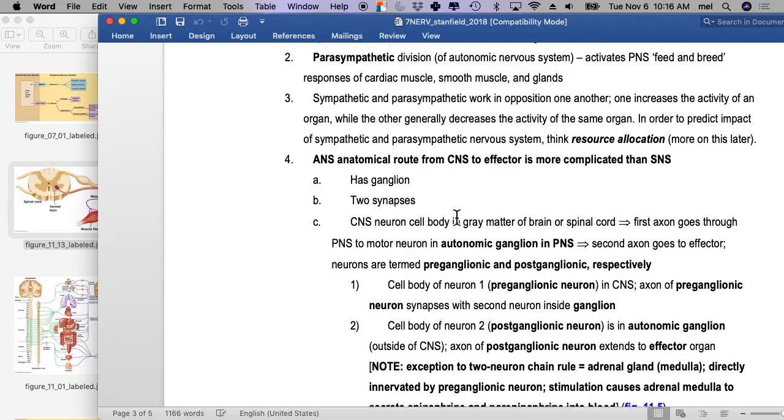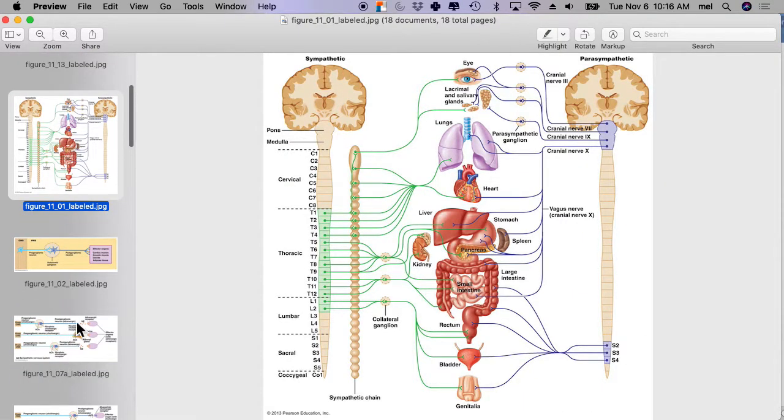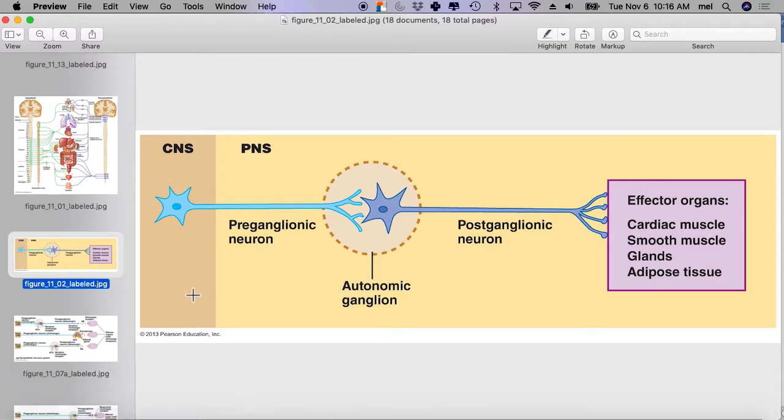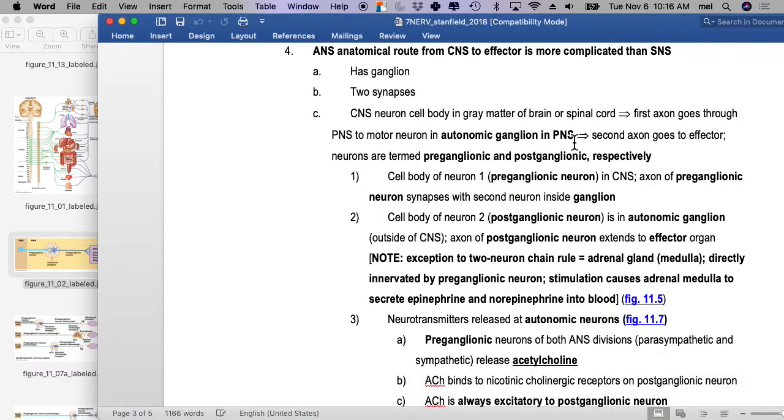So the route that we've got right here, let's look at it and see if this correlates to what we just drew. Also, let's look here too. What we will see is that the autonomic nervous system anatomical route from the CNS to the effector is a little more complicated than the somatic nervous system.